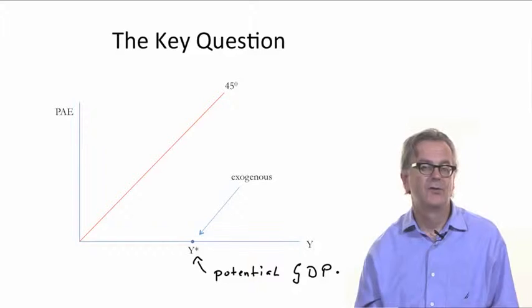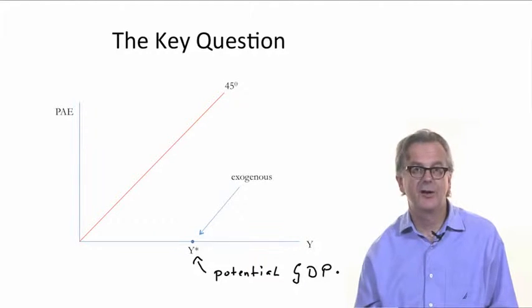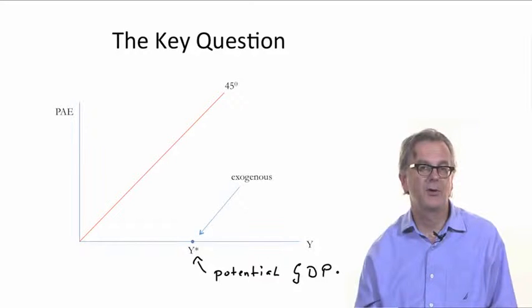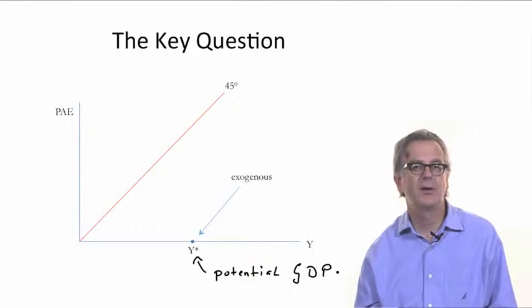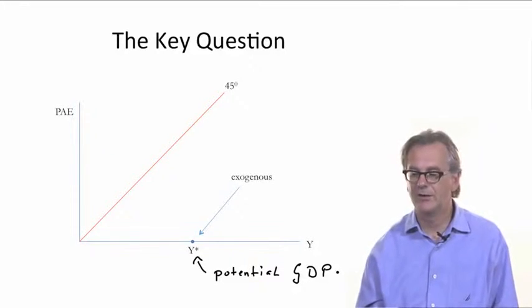In other words, to not have, for example, an economic contraction where actual GDP was below potential. So you can think of Y star as being a goal, one of the goals of short-run macroeconomic policy, to manage the economy so that actual GDP corresponds to Y star.